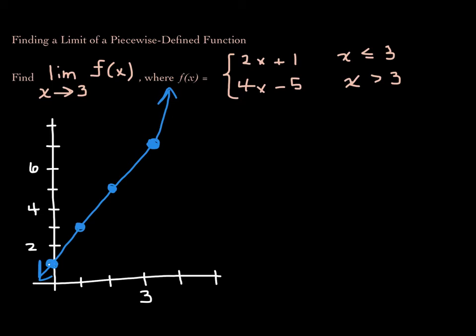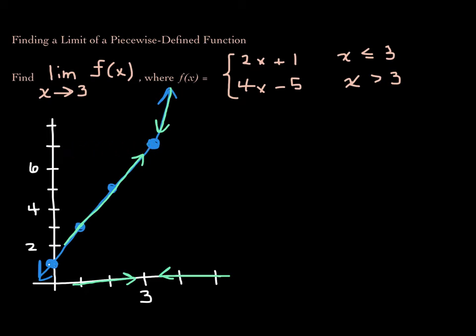Now, as x gets infinitely close to 3 on the left-hand side, my function values are approaching what looks to be 7. Now let's check from the right.